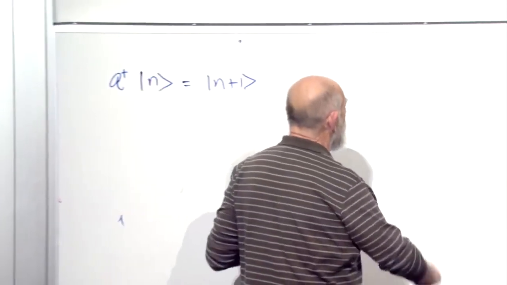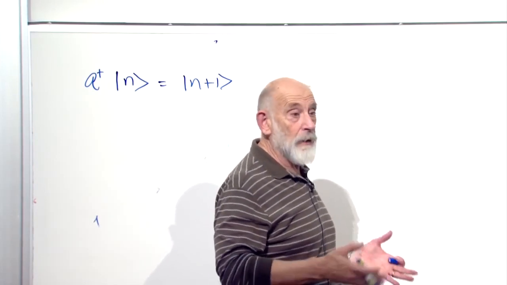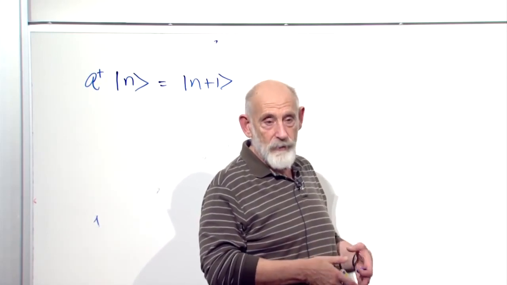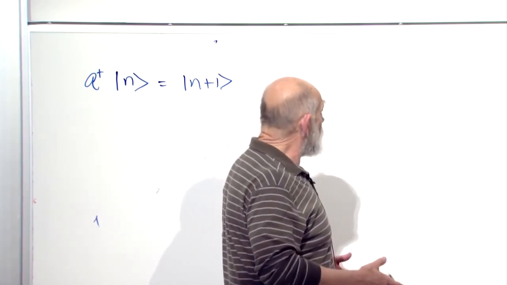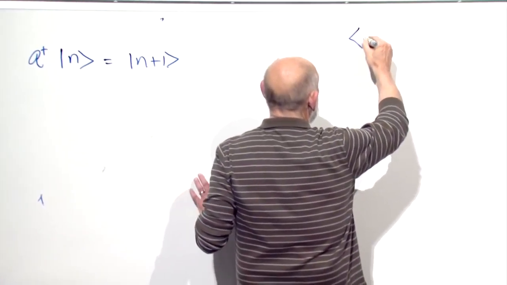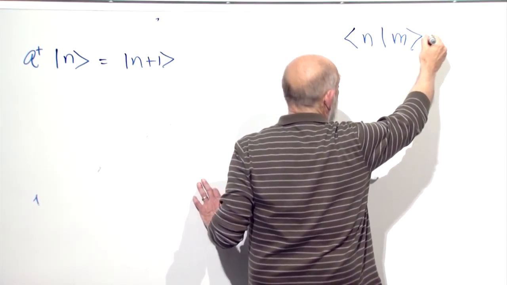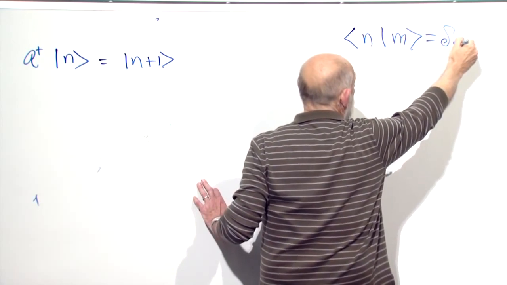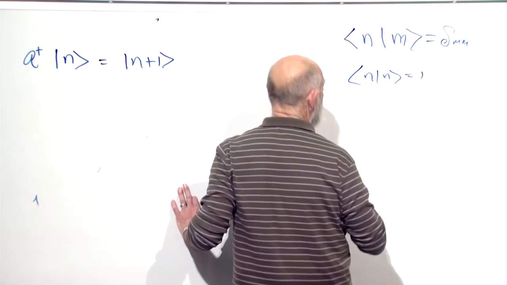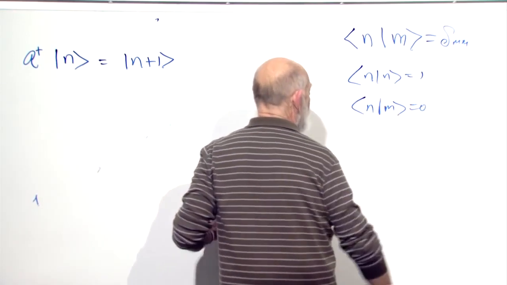The usual way to normalize a family of states, they're orthogonal to each other for different n. Why are they orthogonal to each other? Because they have an observably different number of n. So states with different values of an eigenvalue are orthogonal. So the usual normalization would be that the inner product of n with m is delta nm, or in other words, each state n with n is equal to 1, n with m is equal to 0 for n not equal to m.